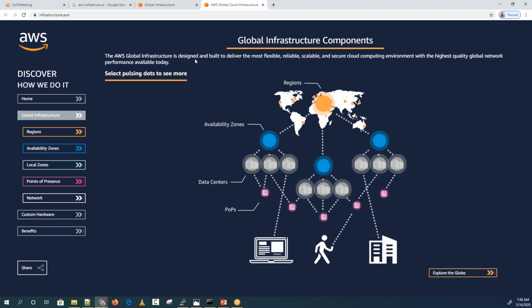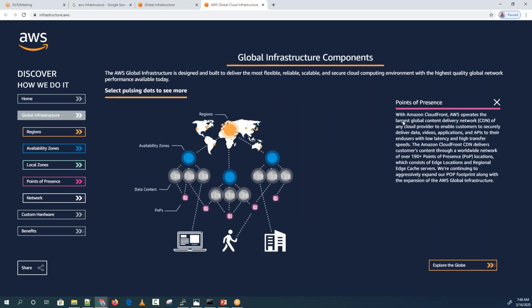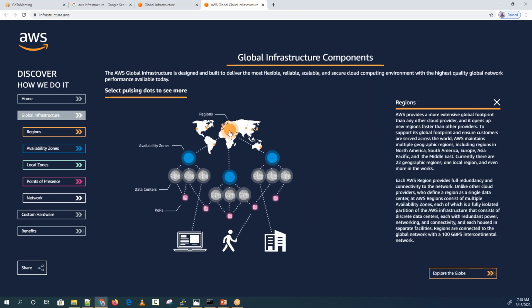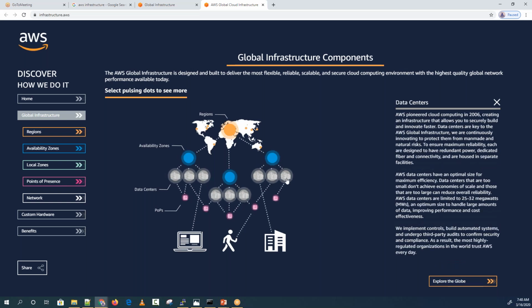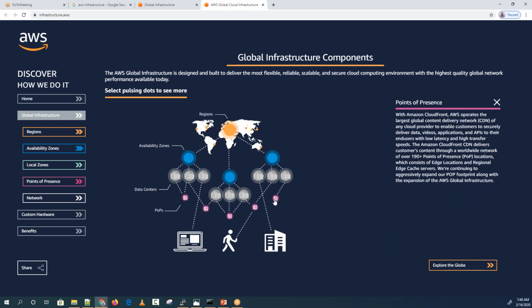See, the global infrastructure is designed and built to deliver the most flexible, reliable, scalable, and secure cloud computing environment with the highest quality global network. Points of presence: we have availability zones. Regions have availability zones. Availability zones have their own data centers, and they cache the site to the point of presence.